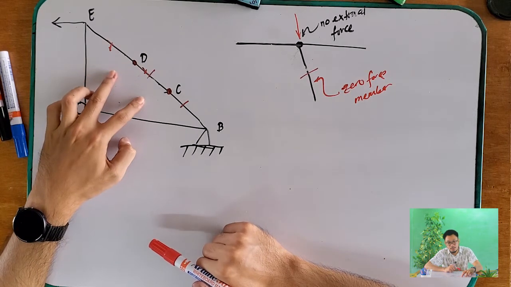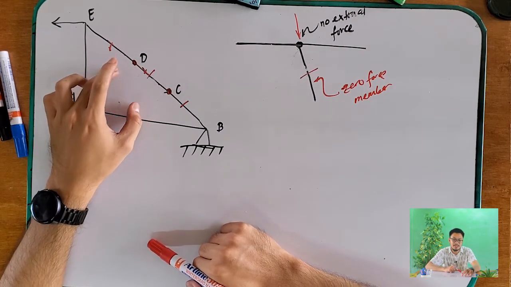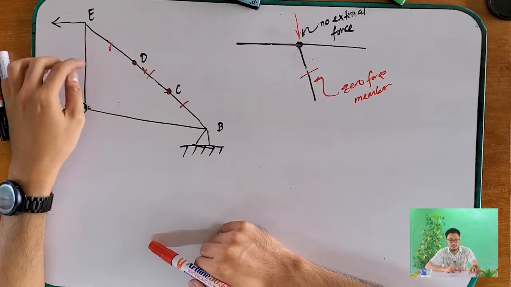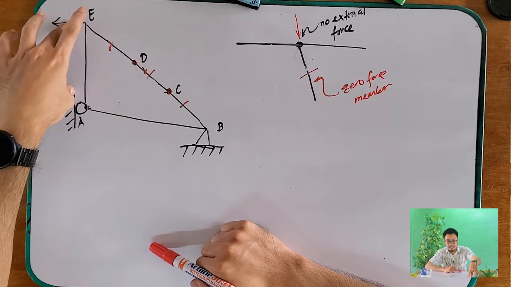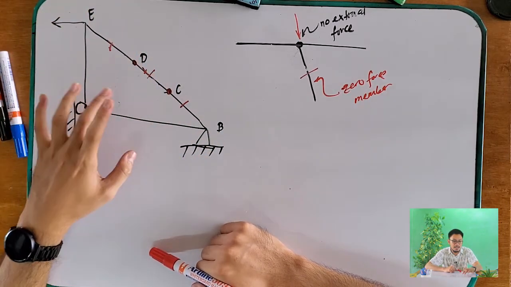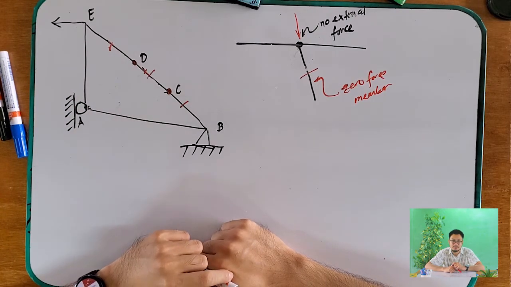So those 2 inside this triangle are zero force members. So they are not carrying any loads. So then your AE, your EB, and your AB are the only members that are carrying loads.